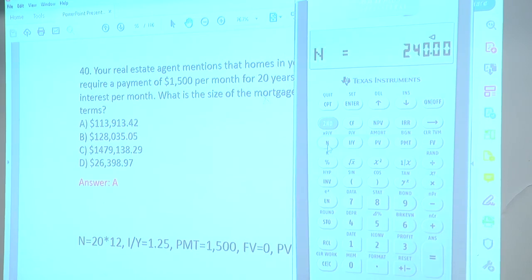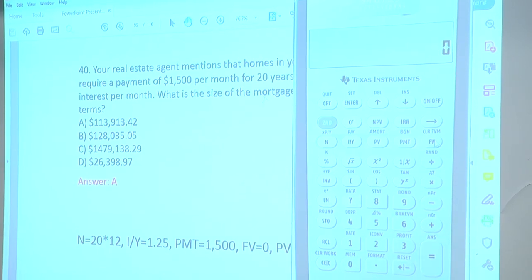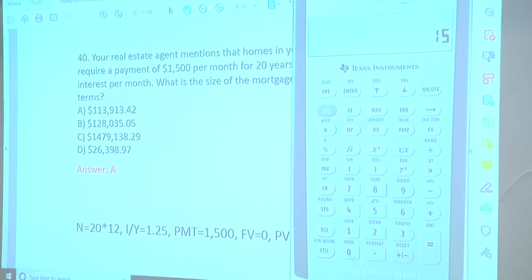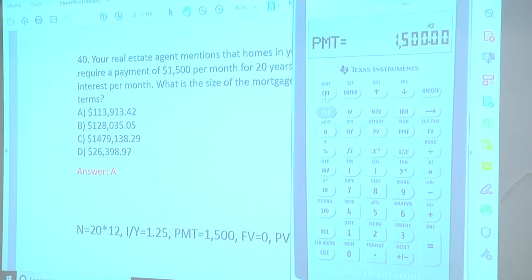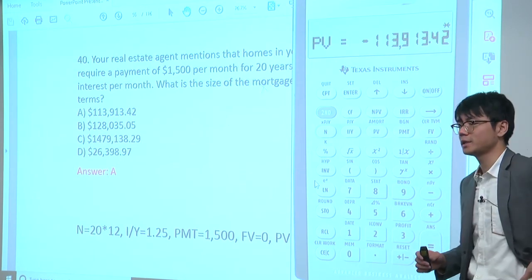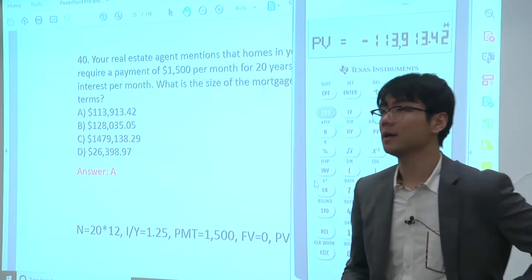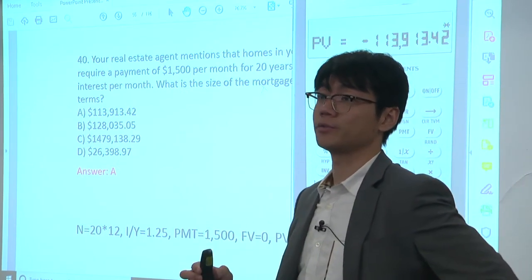Monthly interest rate is 1.25, so we put 1.25 here. 0 for the future value, 1,500 for the payment, and then we get this number, $113,913.42.